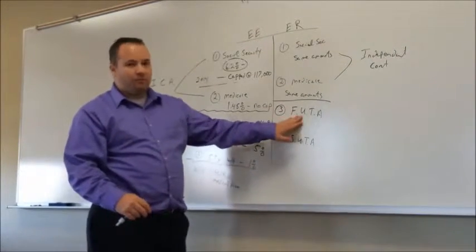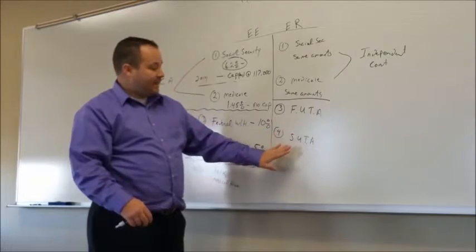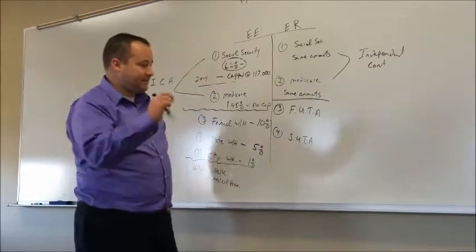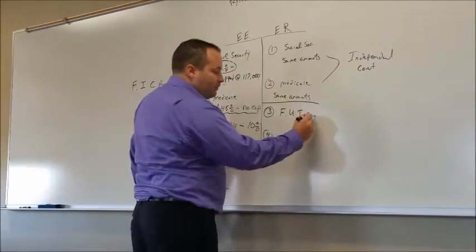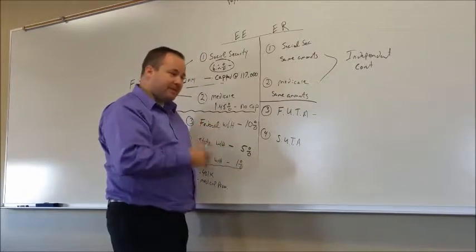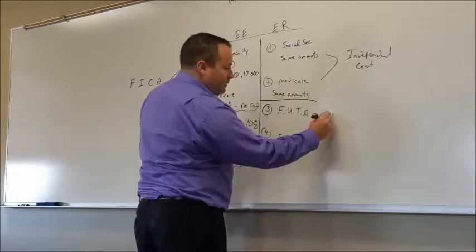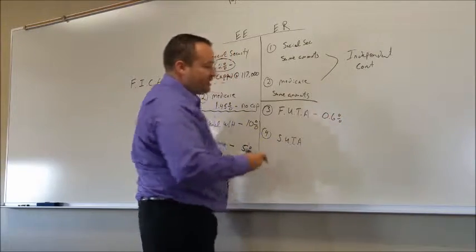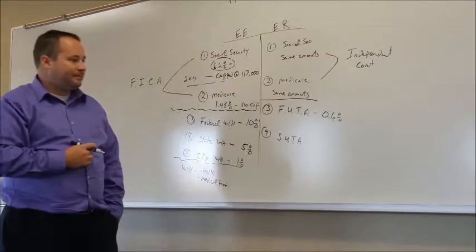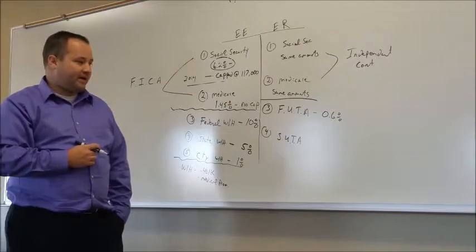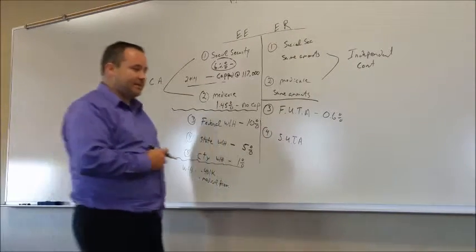The federal rate that I want you to memorize, because it doesn't change very often, is 0.6%, and that's a general rate. That's what most employers are going to have to pay, is 0.6%.